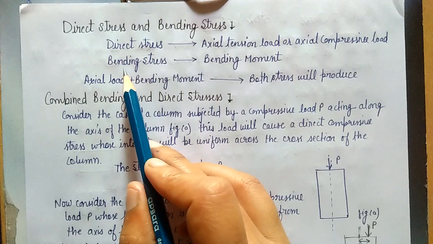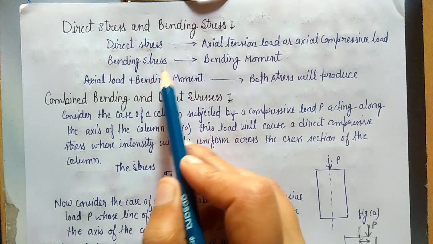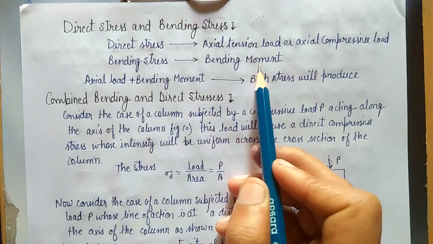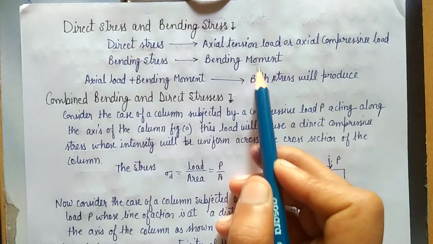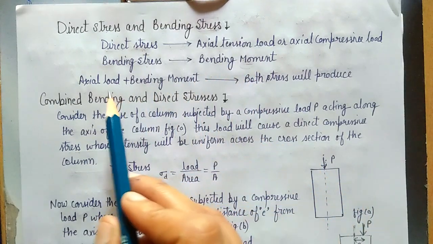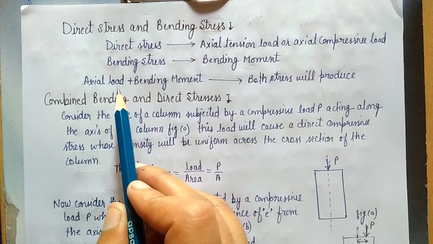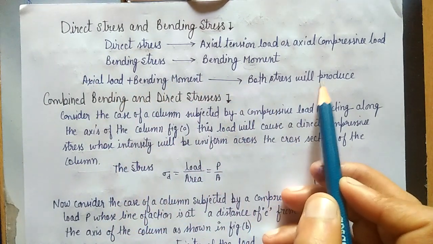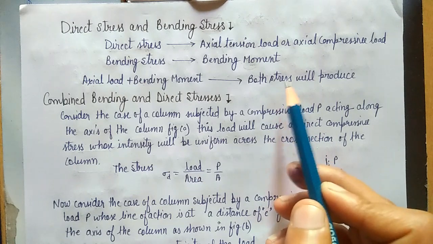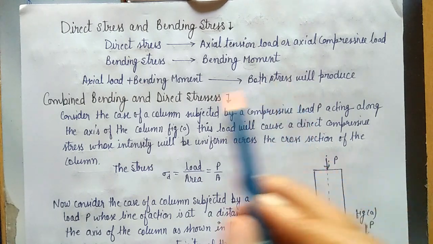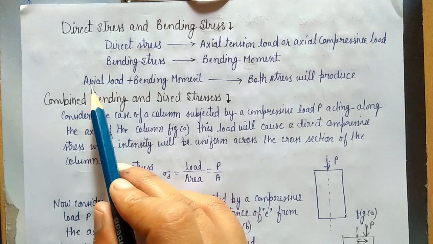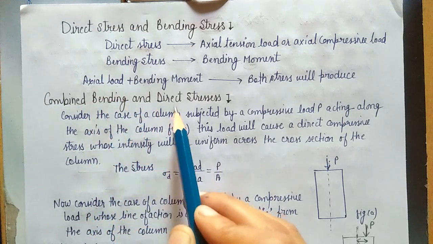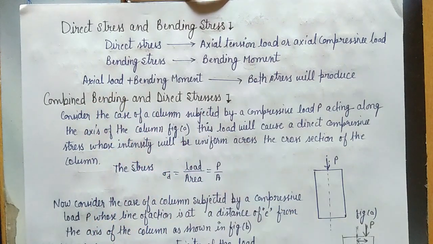The second is bending stress. It is due to the bending moment in that particular structural member. So the combination of axial load and bending moment, both stresses will be produced in the case of eccentric loading. So we are going to discuss the combination of bending and direct stresses, right?